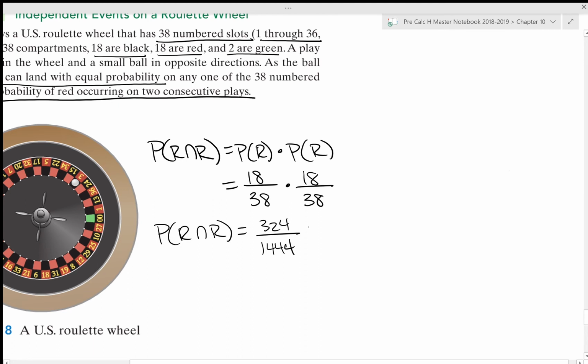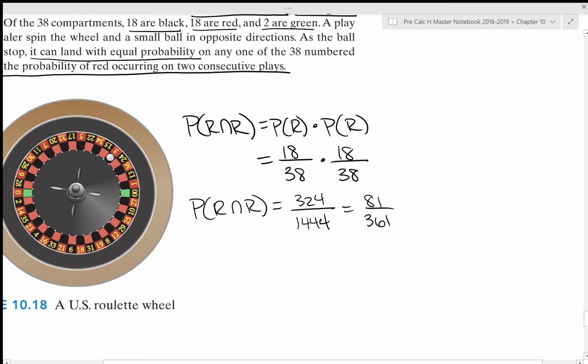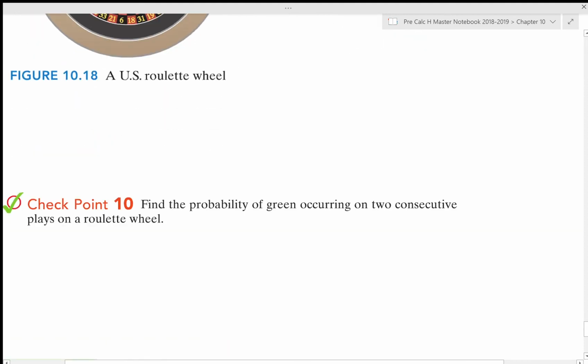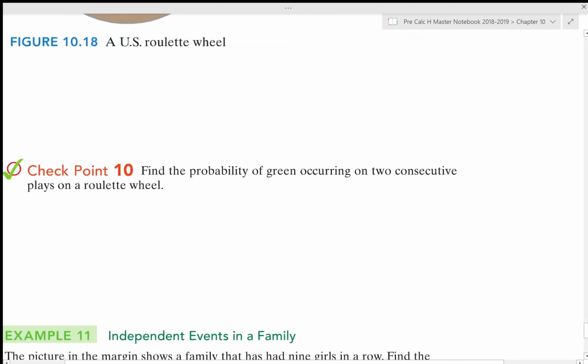You can also simplify that to 81 out of 361 if you'd like. Okay, odds, nothing great, but still better than probably the green would turn out to be. Use the question that pops up for the wheel.